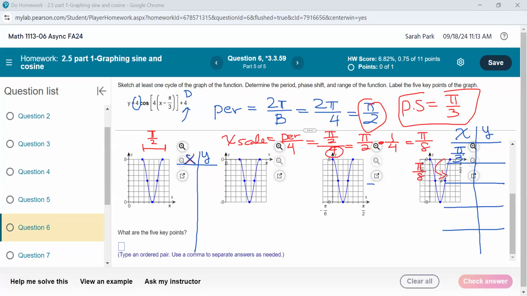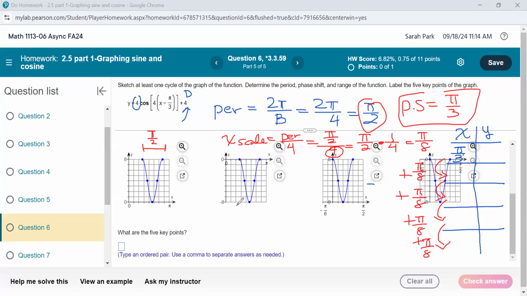So we have to add pi over 8 each unit. Okay, so we're going to do that. This part's a little tedious, but if you have a calculator that you can use, you can find fractions with. It's easy to do, but I'll just do it by hand here.